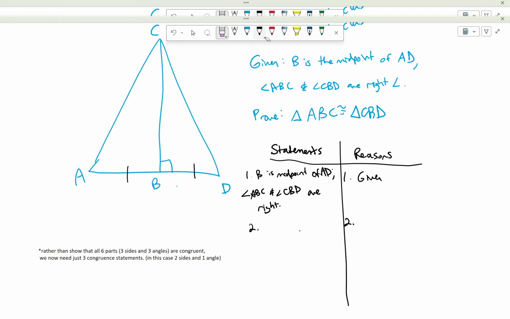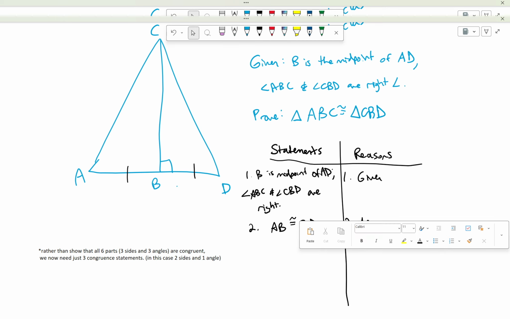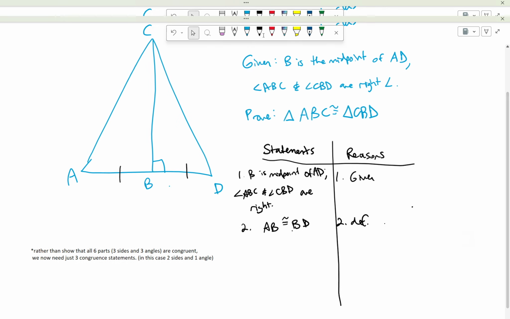So our first one: AB is congruent to BD. That is the definition of the midpoint. Remember, what goes on the right side? Properties, postulates, definitions, and theorems. So we have a definition there, the definition of a midpoint. That's the first one.